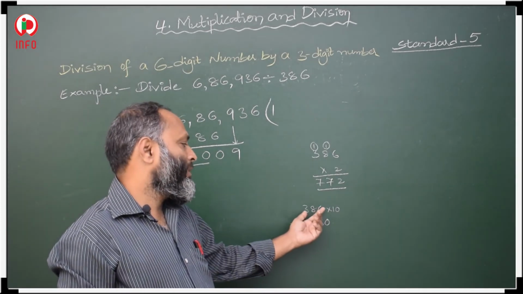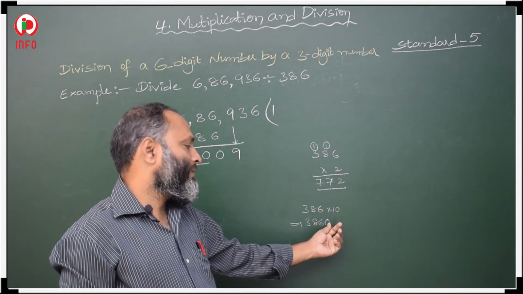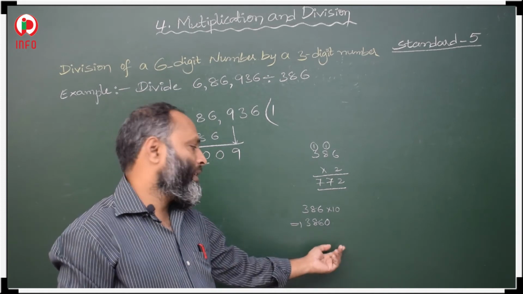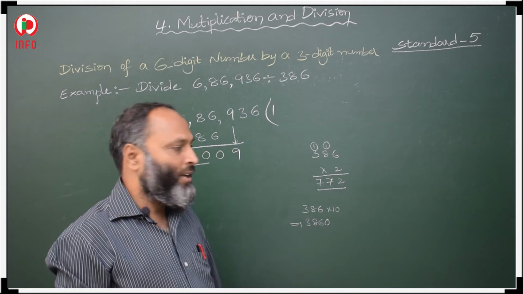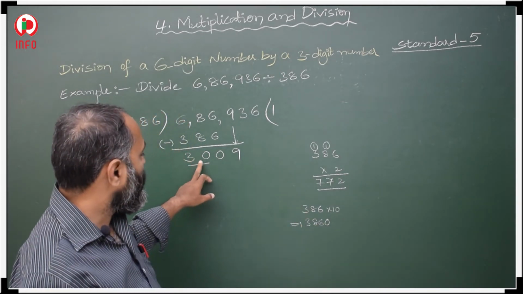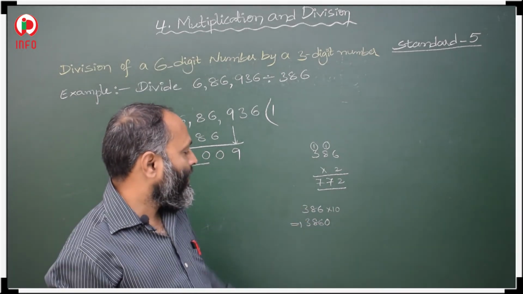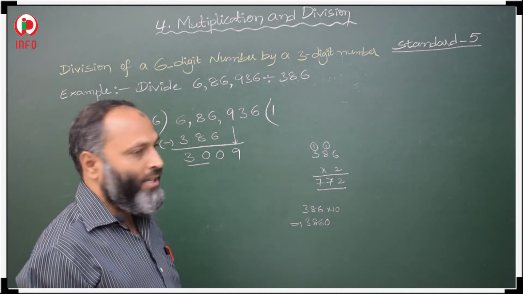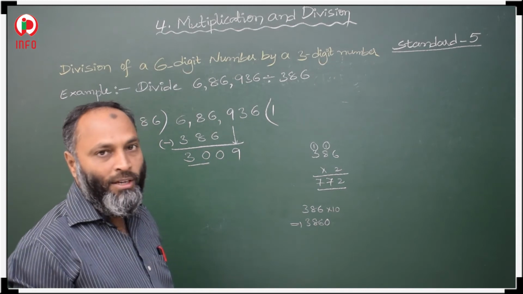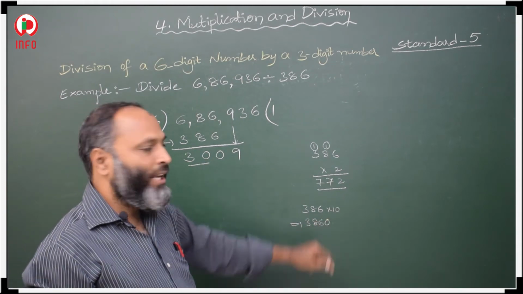So if any number is multiplied with 10, we get 1 zero. Multiply with 100, we get 2 zeros. Multiply with 1000, we get 3 zeros. So now you check. Here 30,009 is there. Here 38,60 is there. So it is bigger. No need to take. No need to check in 9 also.